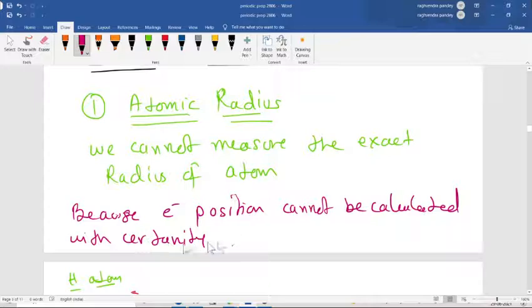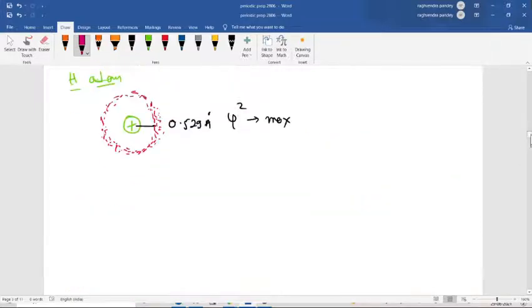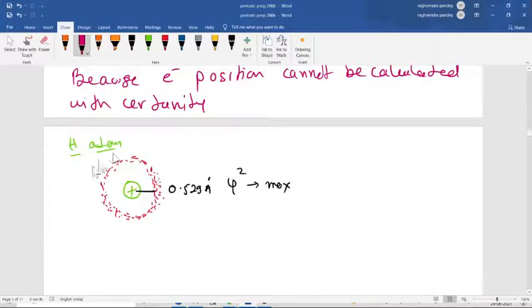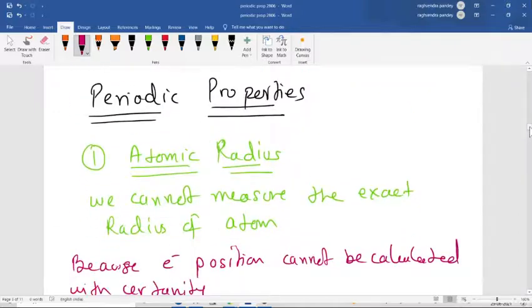It is always moving here and there; that is the electron cloud. The electron can be anywhere, so only a probability is there. If we cannot measure the exact position of the electron, the atomic radius cannot be calculated from a single atom.